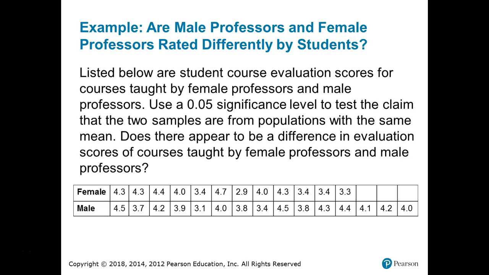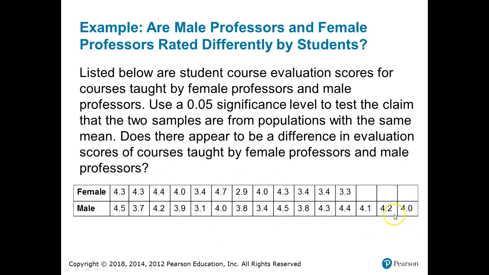We're going to use a 0.05 significance level to test the claim that the two samples are from populations with the same mean. So we're looking at the mean score for male and female teachers, and then see if there appears to be a difference in evaluation scores taught by female professors and male professors.